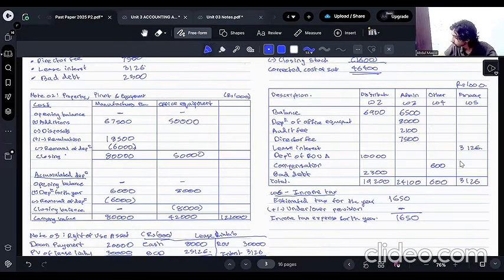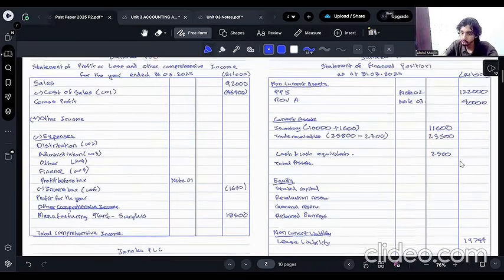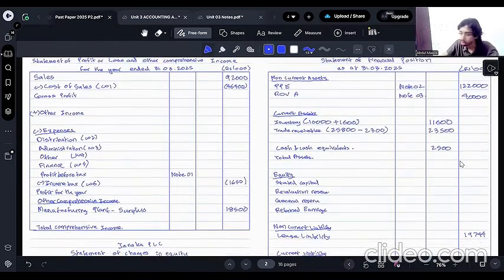So you can record it here. Distribution expense 19,200. Admin expense 24,100. Other expense 600. Finance 3,126. Then total expenses.